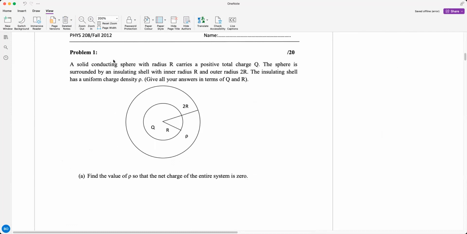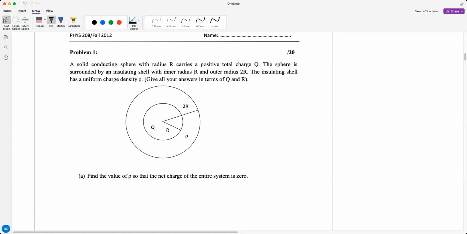The insulating shell has a uniform charge density rho. You give all your answers in terms of q and r. The question: find the value of rho, the charge density of the insulating shell, in such a way that the total net charge of the entire system is zero.